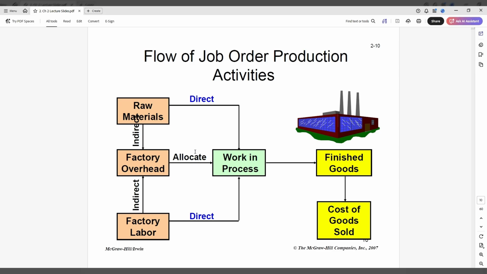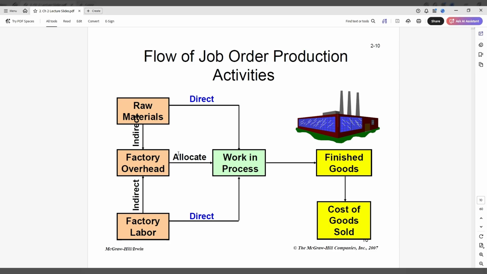We can't just do it the way we can with the materials and labor, where we can just track that and say, oh yeah, we spent 2 hours of labor on it, and we used this much flour and sugar, and therefore that's that much cost. With factory overhead, things like utilities for the whole month cannot be as easily or just directly allocated to a specific job.